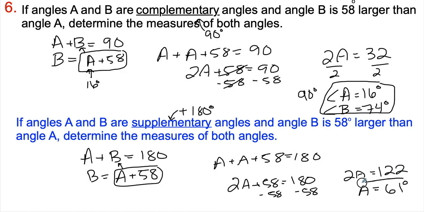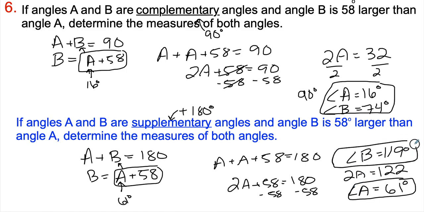Okay? And then we need to take that, throw it into here. 61 plus 58, so angle B is equal to 119 degrees. Okay? And we'll put degrees on there and call it a day.